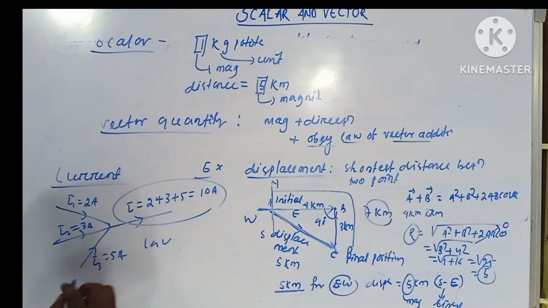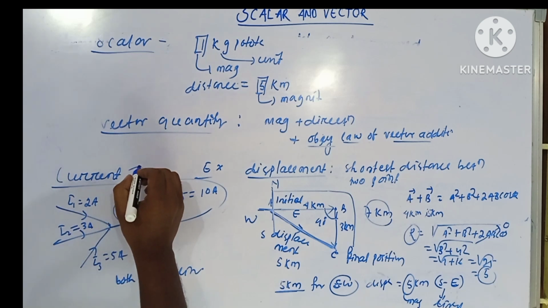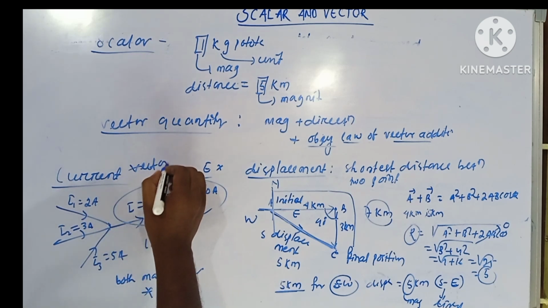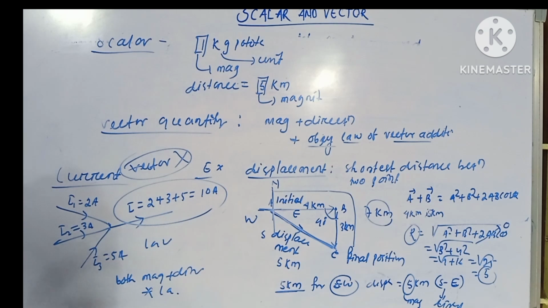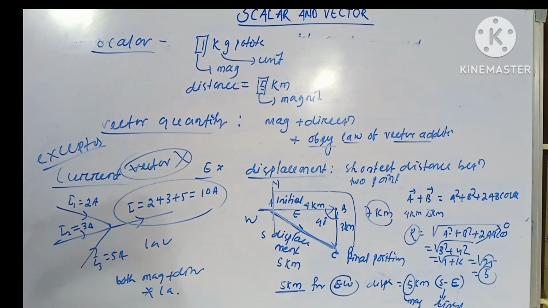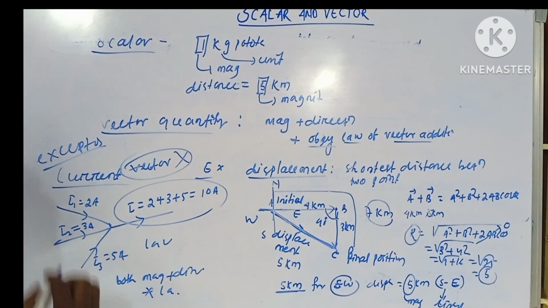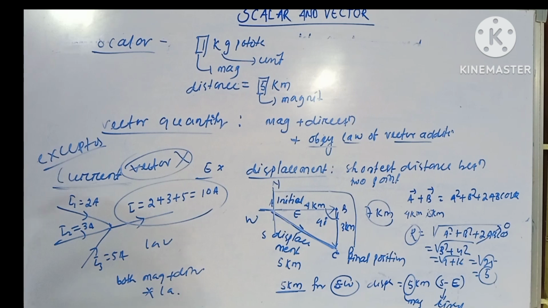It has both magnitude and direction, but does not satisfy the law of vector addition. That's why current is not a vector quantity. It is the only exception, and we have to remember this. A vector quantity has magnitude and direction, and it must obey the law of vector addition. That's why current is not a vector quantity, but displacement is. Okay.